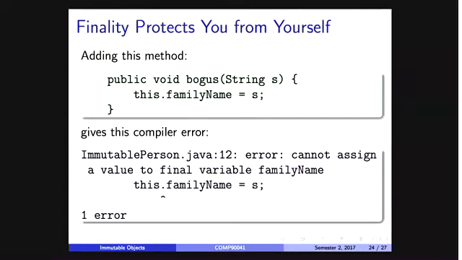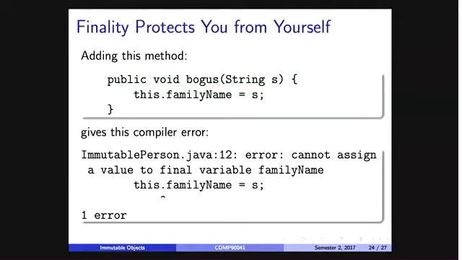So if you accidentally do something like this, you're writing some method, and you probably wouldn't call it bogus. You'd call it really important method that does exactly what I want, and then you make it not do what you want. So you say this.familyName = s. The Java compiler will catch this for you. Error: cannot assign a value to final variable familyName.